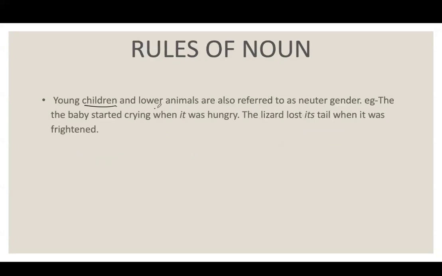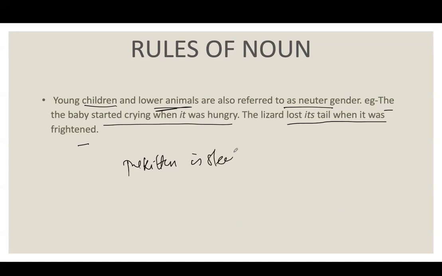Young children and lower animals are also referred to as neuter gender. For example, the baby started crying when it was hungry. The lizard lost its tail when it was frightened. For example, the kitten is sleeping. It looks peaceful.